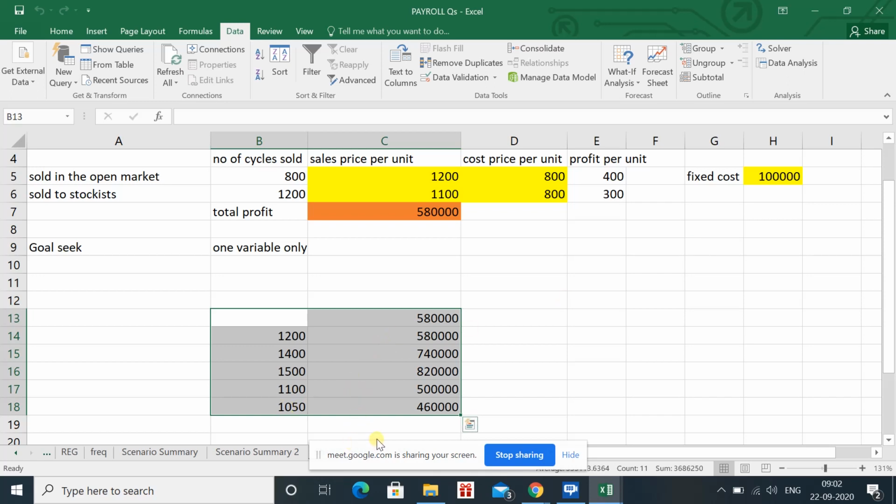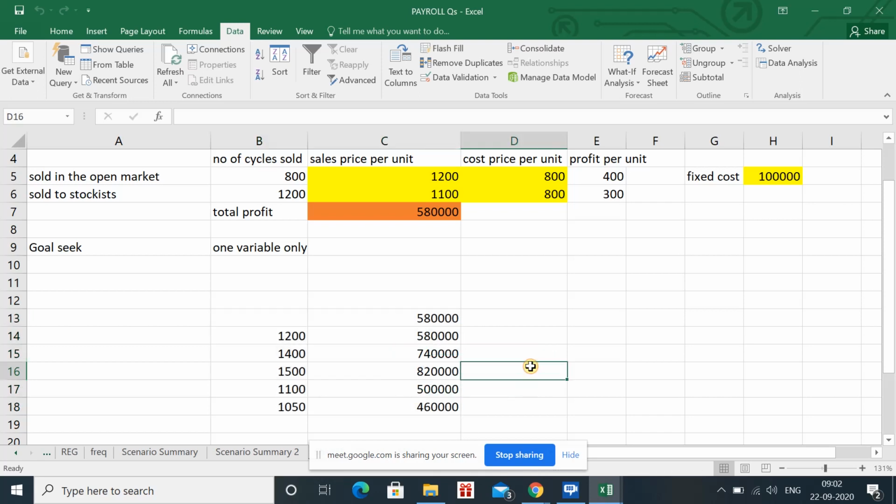Okay. So this is the change in one variable, multiple inputs. It means you are giving multiple inputs for the selling price and want to see its impact on the profit. In the second case, we are not just changing one value. We have the different prices, 1200.